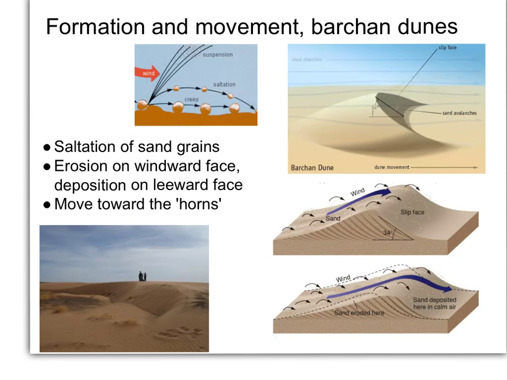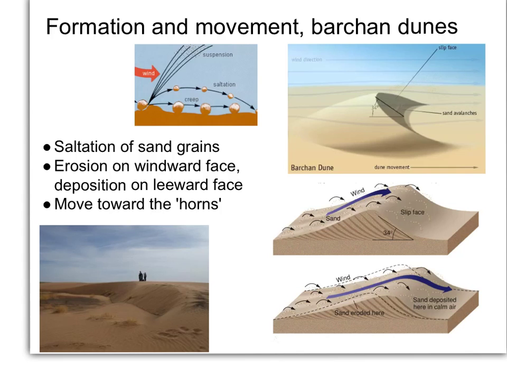But the smaller particles will actually be picked up, be blown for a little while, and land in this process called saltation. So if you've been at the beach on a windy day, and you've got shorts on, you might feel all of these little sand grains hitting you in a boundary layer that's close to the surface of the beach.